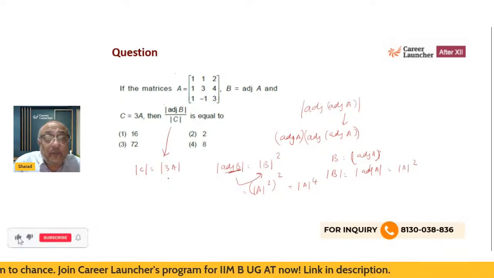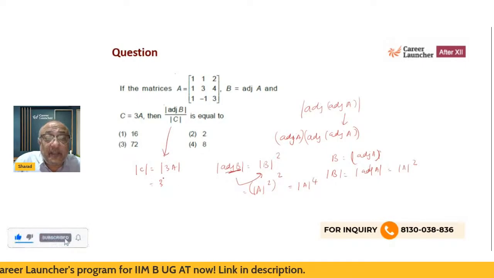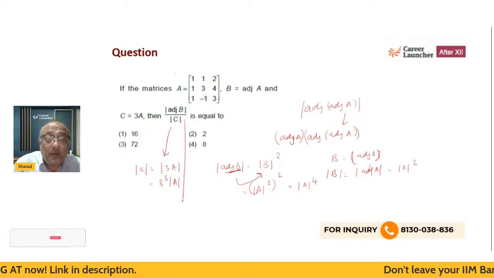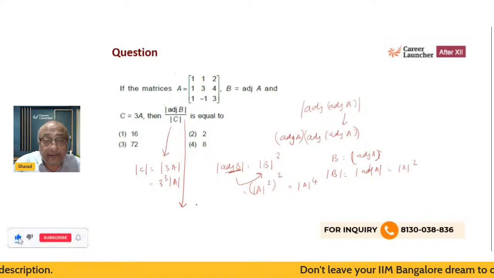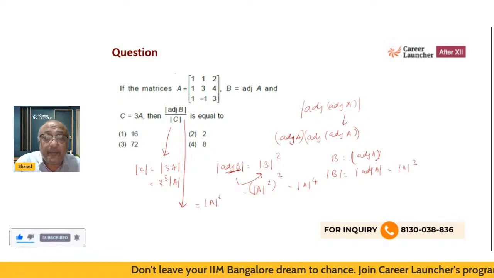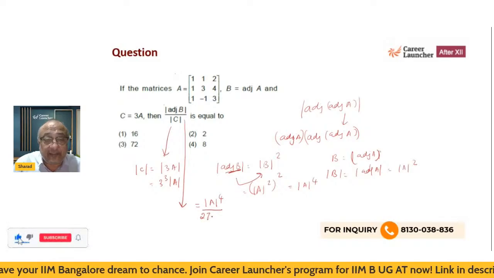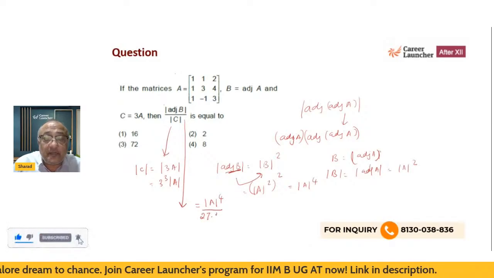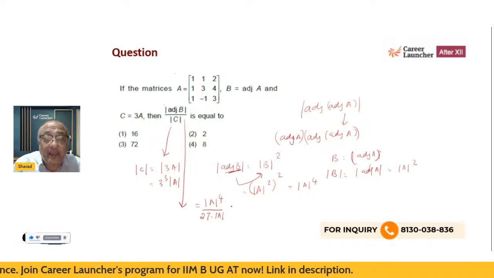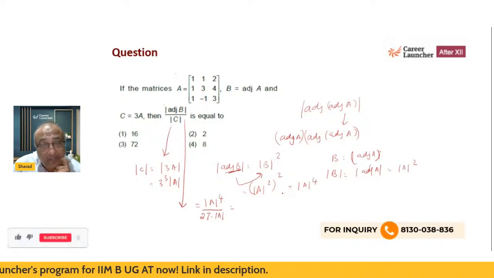Can anybody tell me what it will be? This will be 3 cube and determinant of A. So this value which is hanging here will be equal to determinant of A raised to the power 4 upon 27 into determinant of A, right? Understood?